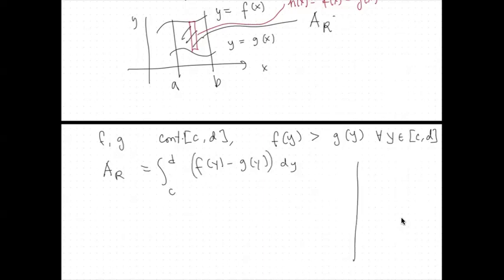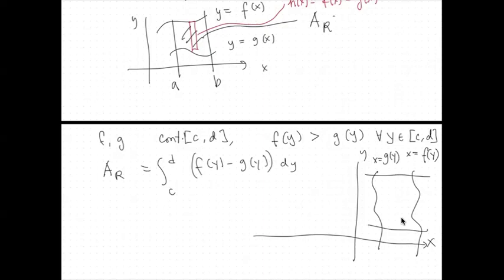You get the x and y axes, and our convention is the leftmost is more positive. So here x is equal to f of y, and here we have x is equal to g of y. Then we have the bounds, so this is c and d, and this is the area given by this formula.